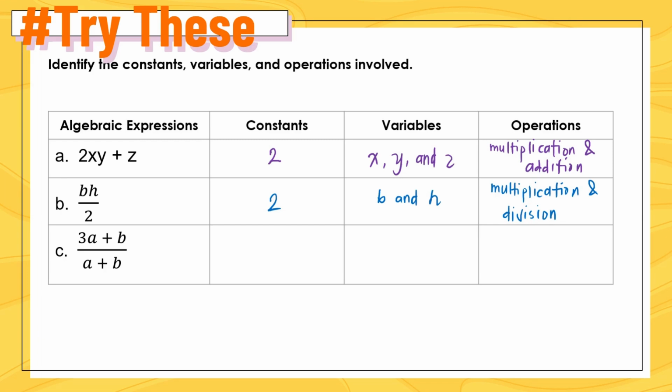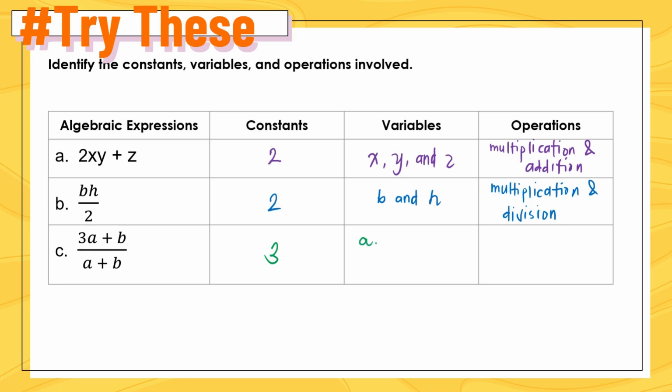Let's move in here for the third one. Kindly check your work. 1 point per cell in here. We got 3a plus b over a plus b. So what are the constants in here? Only one constant. We got 3. And what are the variables in here? We got variable a.